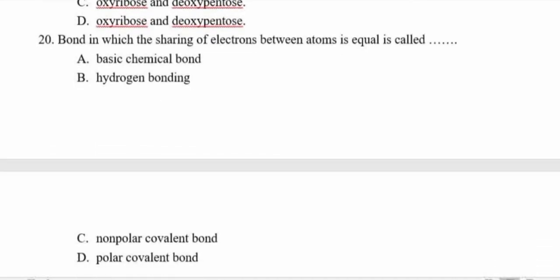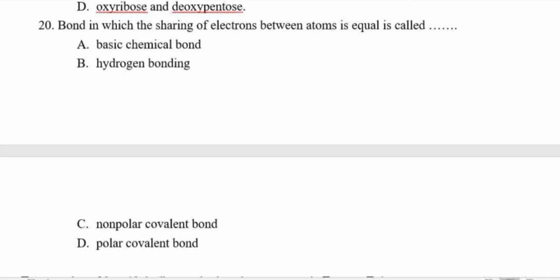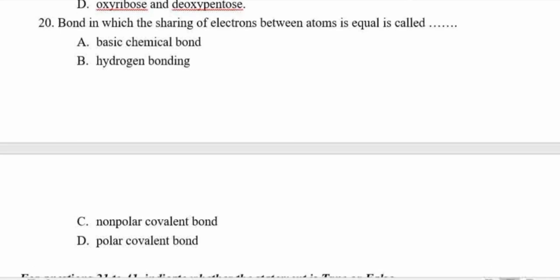Then again, question number 20 says the bond in which the sharing of electrons between atoms is equal is called, okay, so there are some bonds where the sharing of electrons between atoms is equal, whilst in others it is not equal. So for the one that is equal, what is the name that we give to it? Option A is saying basic chemical bond, B is saying hydrogen bonding, C is saying non-polar covalent bonding, and D is saying polar covalent bonding.